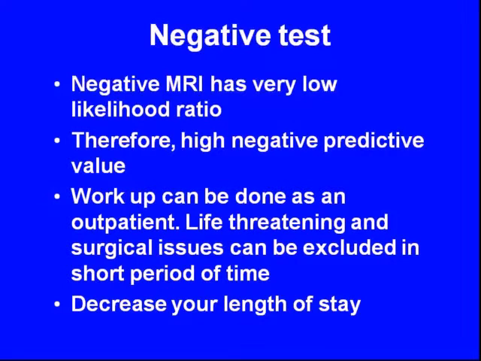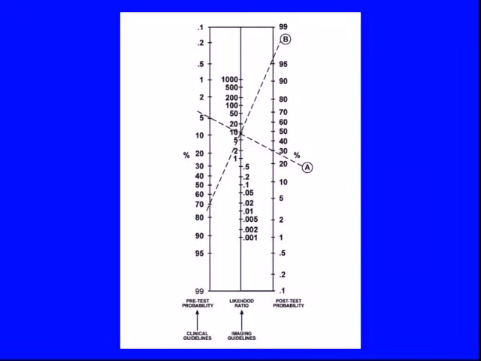So this is becoming important as we try to decrease length of stay. Sometimes if you do very powerful tests early on in the admission with very high sensitivity and specificity and they're negative, they have a very low likelihood ratio.